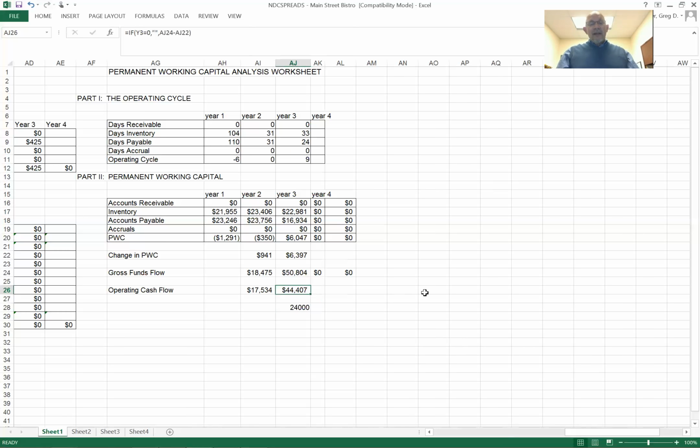When a banker calculates debt coverage ratio, they will take that 44,407 divided by the 24,000, and that gives us a debt coverage ratio of 1.85 to 1. So for every dollar we need in debt service, we have $1.85 in cash. In my experience, and this will change, but banks typically look for about $1.20 to $1 in debt coverage ratio.